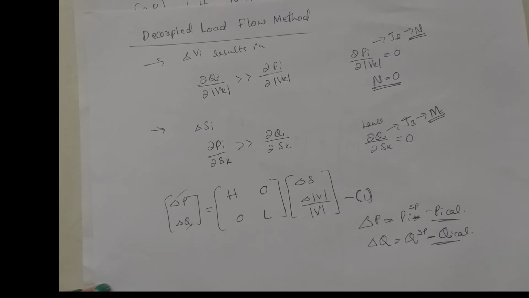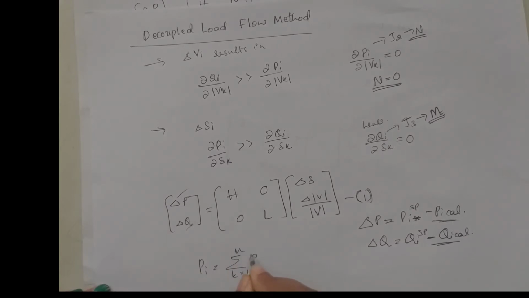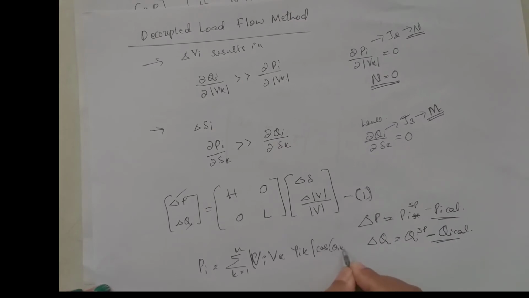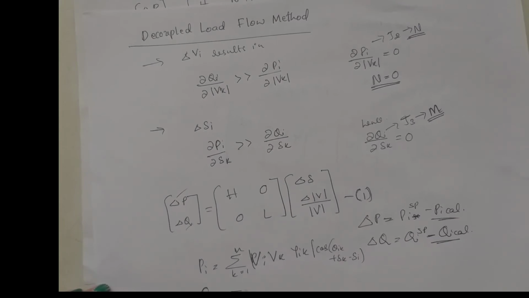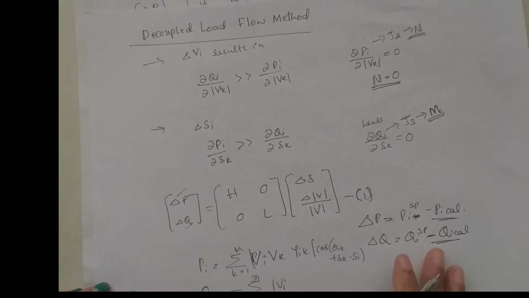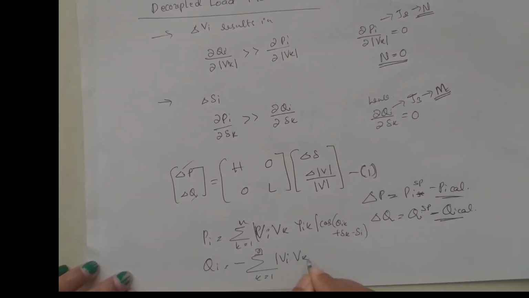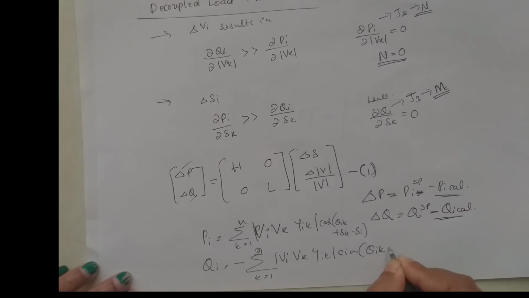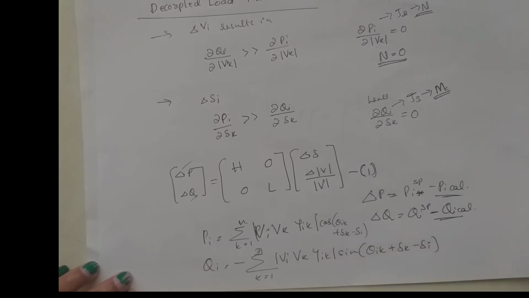Qi and Pi can be calculated using the fundamental formula. Pi is equal to the summation, K varies from 1 to N, of Vi Vk magnitude of Yik cos(theta Ik plus delta K minus delta I). Qi can be calculated using this formula: the summation of Vi Vk Yik sin(theta Ik plus delta K minus delta I).